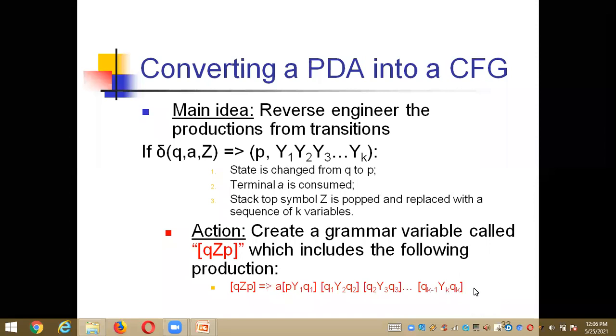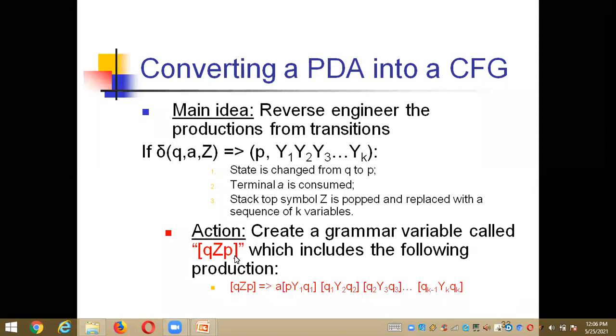This is the pattern that we need to follow here. A pattern is nothing but a macro, or some rules that we need to follow to convert the PDA into a CFG. Everything comes from the transition rule itself, from the designed PDA rule itself. We create a grammar like this.